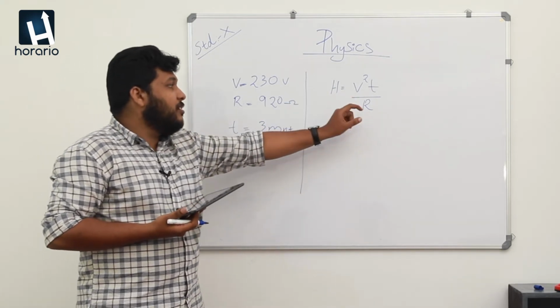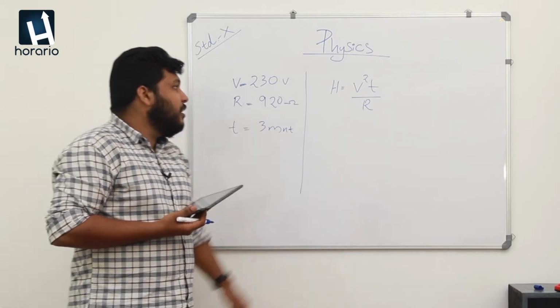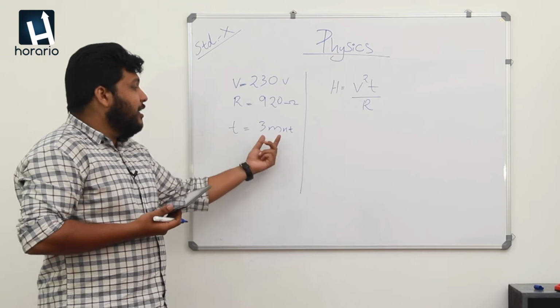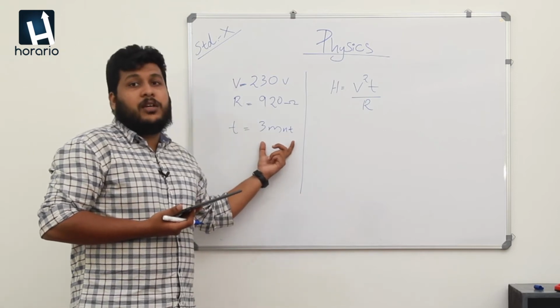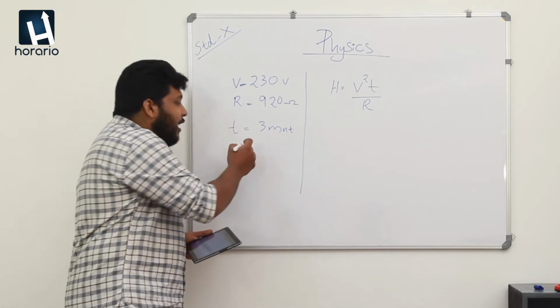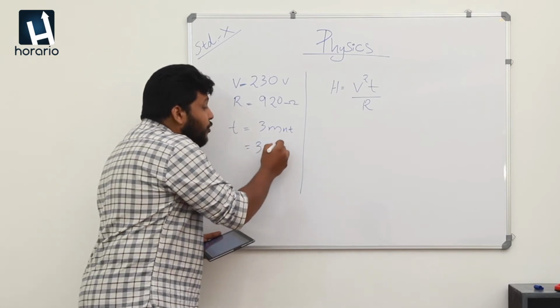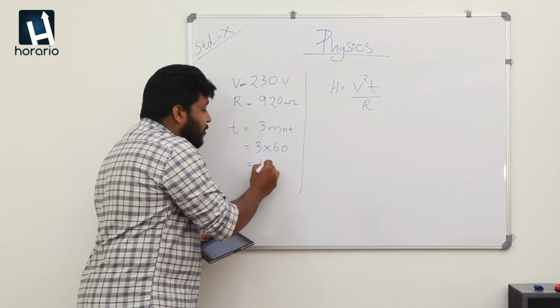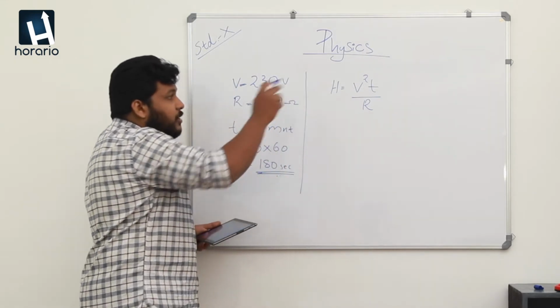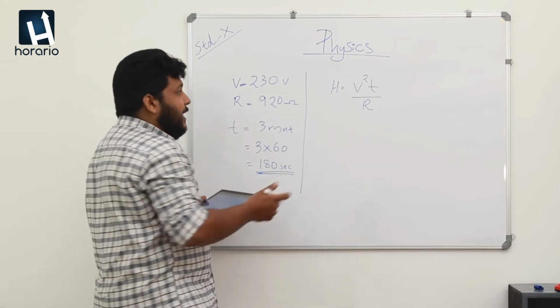Before substituting the values, we want to take care that the given time is in minutes. So, we want to convert the minutes into seconds. For doing that, we can multiply 3 into 60 and that will be 180 seconds. So, the value must be 180 seconds.